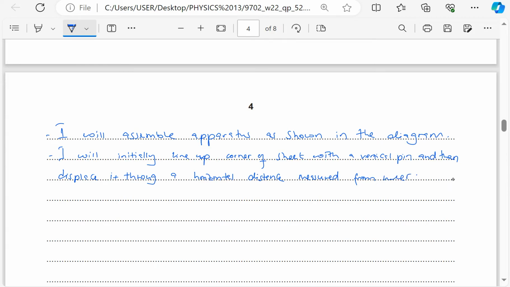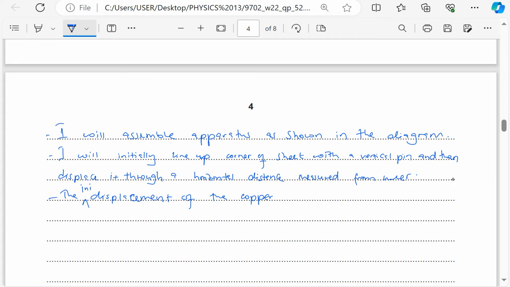So this displacement of the copper sheet must remain constant. Let me say the initial displacement: I will displace it through a horizontal distance measured from the ruler.